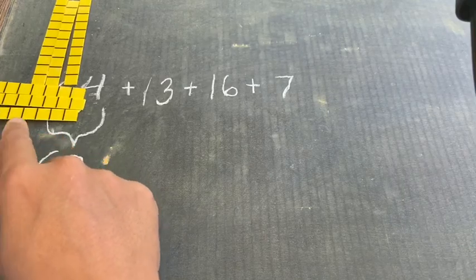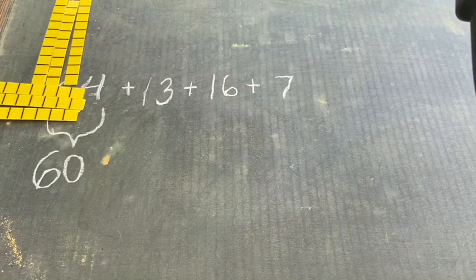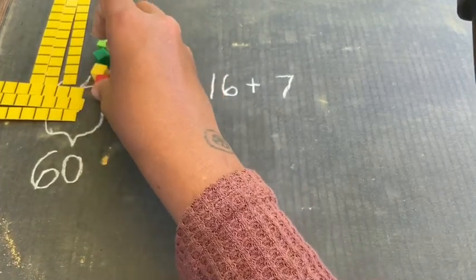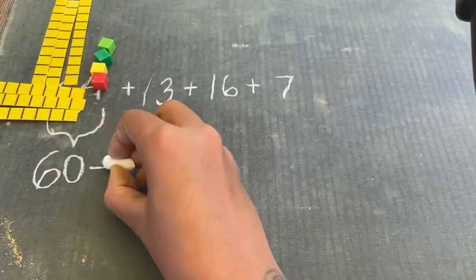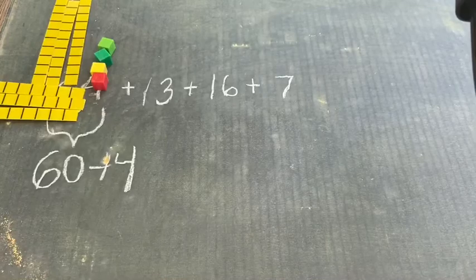There's a lot of 10s in the number 60. And how many ones? Well, if you look at the ones column, you just see a 4 left over, and that's 4 ones. So 64 is made up of 60 plus 4.